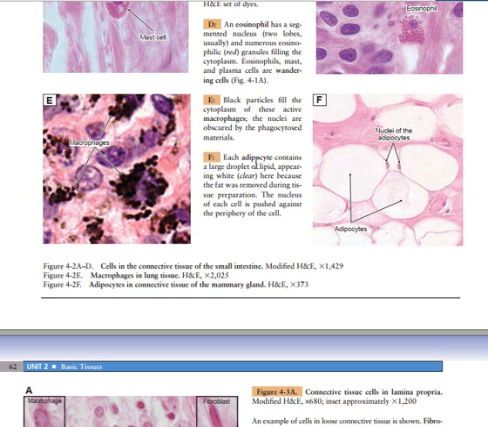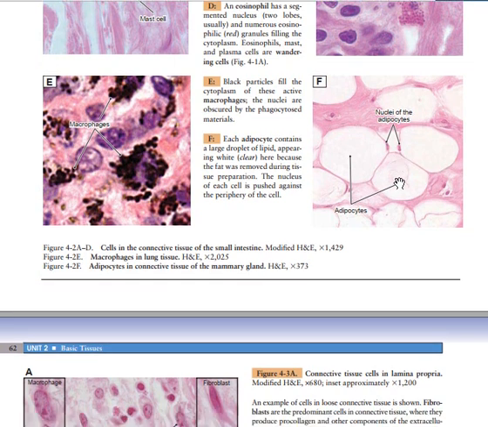In adipocytes, the nucleus is located at one terminal, and then you have a very large lipid droplet, which is a clear portion on one side. So that is the representation of the adipocyte.